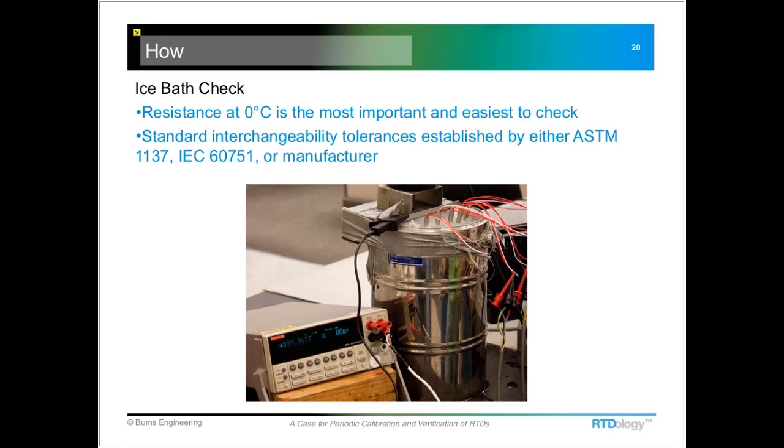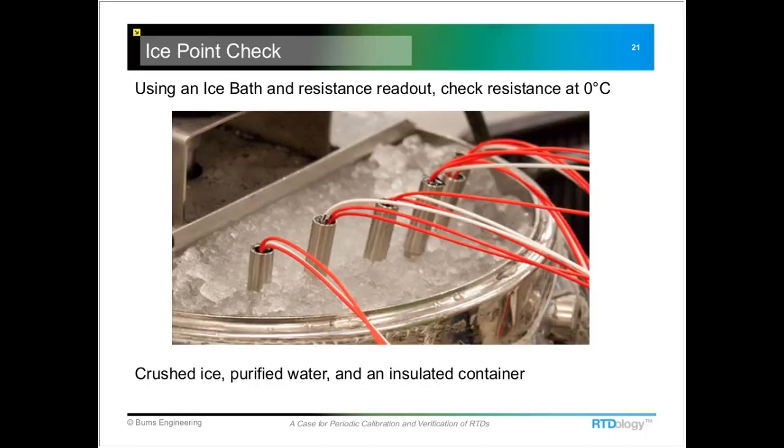We'll put the probe in the ice bath, measure its resistance at 0 degrees C, and it's a real simple check to do. Just use crushed ice made with purified water. Could just be distilled water that you freeze up and crush to probably 1/4 inch pieces of ice.